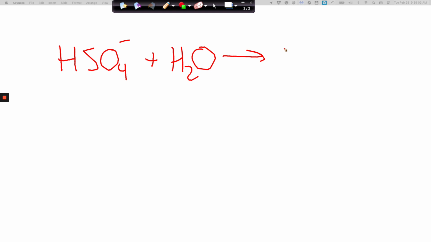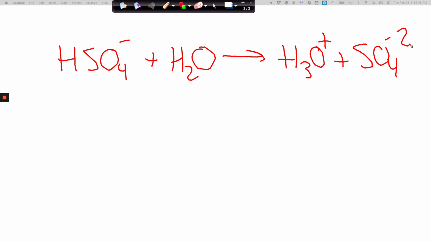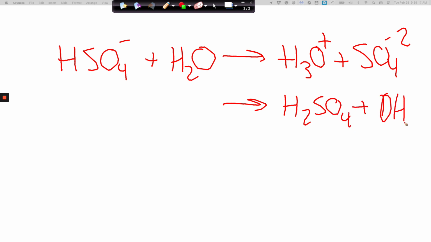It can go as an acid and form sulfate, or it can go as a base. It depends on what it's with. If it's with water, it'll do this. But if you were to put this with an acid, it would function as the base.